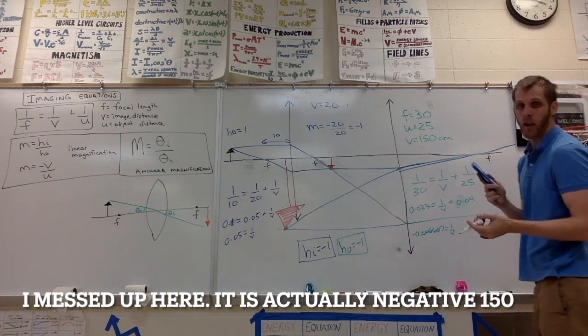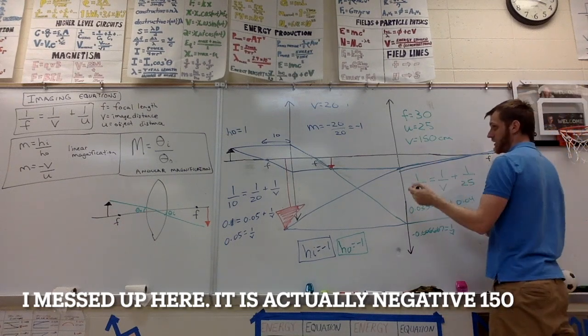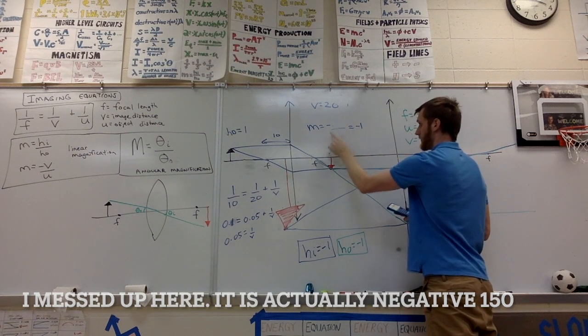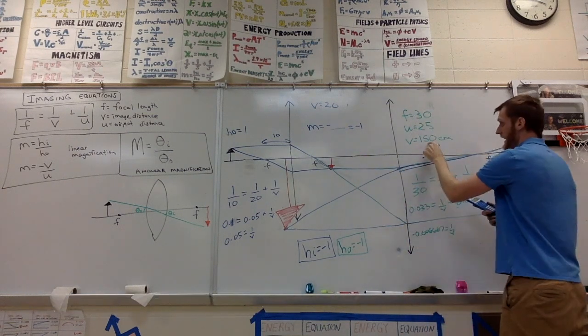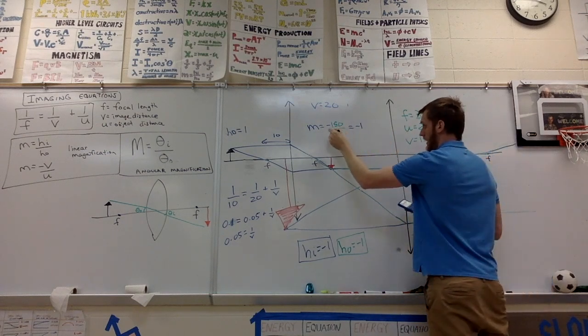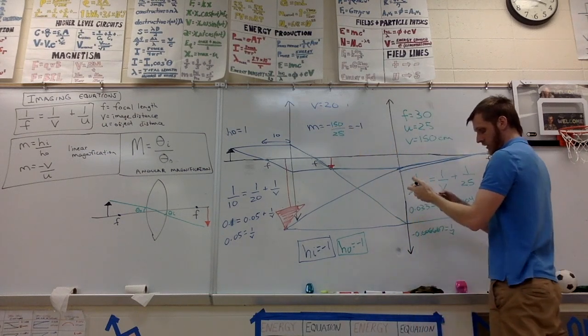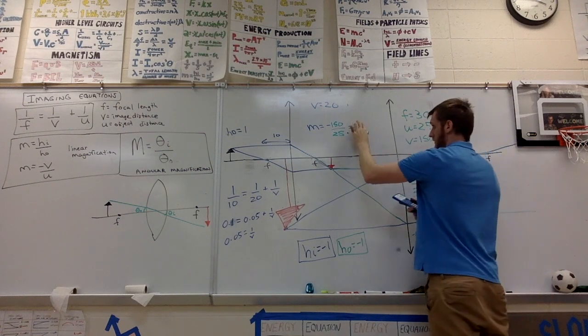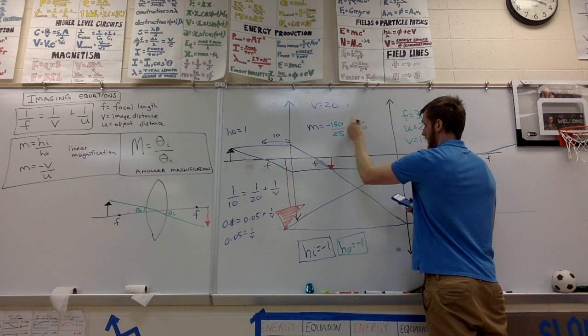So what's my magnification then? Well, using that same equation here, I'm going to replace these. It's negative 150 over 25. So it's 150 divided by 25, which is 6. Or negative 6, I should say.